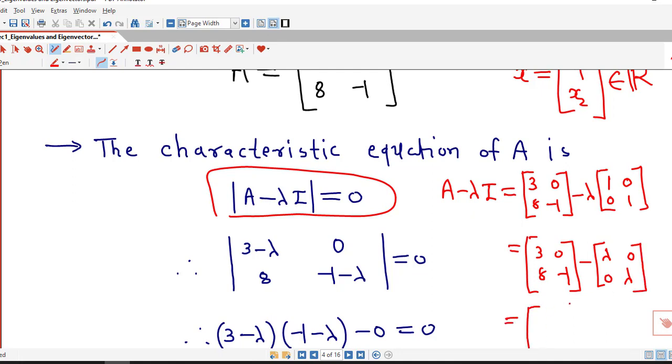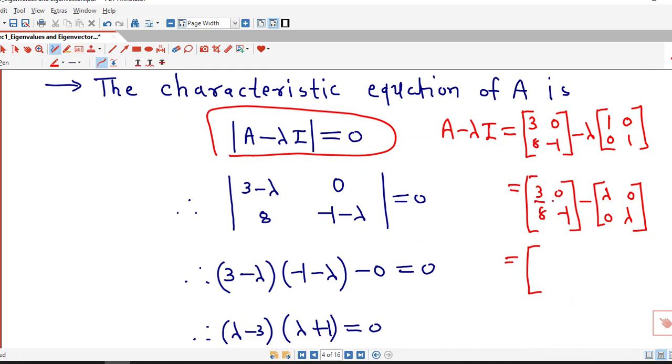Now if we subtract these two matrices, we subtract corresponding entries: 3 minus lambda, 0 minus 0, 8 minus 0, and minus 1 minus lambda. So this is the matrix A minus lambda I, and we are interested in the determinant of this matrix.